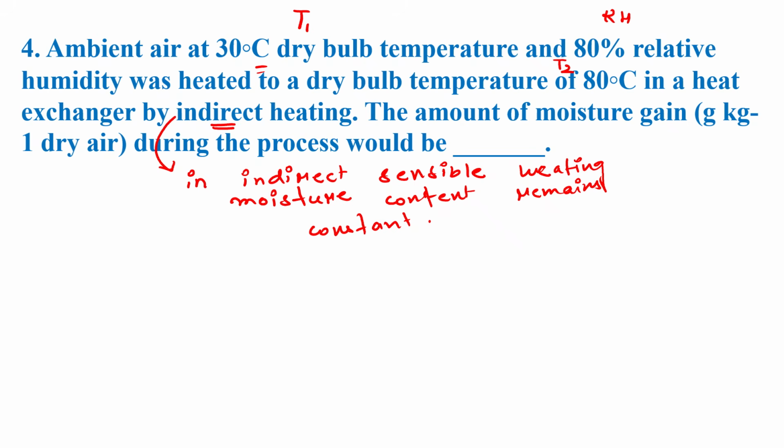So omega 1 will be equal to omega 2. So moisture gain or loss will be equal. That means our answer would be 0 over here.